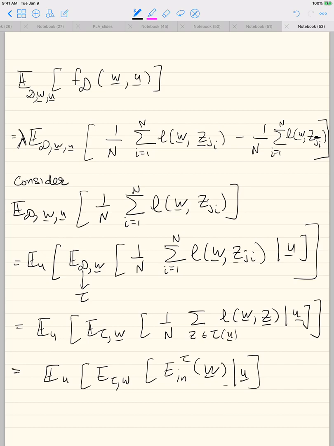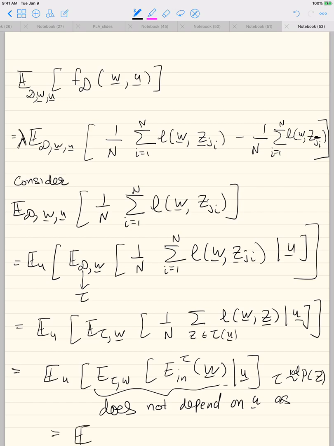But really the dependence on u is not important in this expectation because tau is always going to be marginally sampled IID from P_Z. So regardless of what u is, this quantity inside is actually a constant because it's just the average of n training samples that were generated IID. So this quantity does not depend on u as tau has a distribution which is IID P_Z.